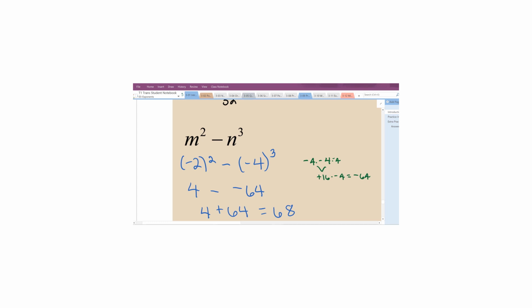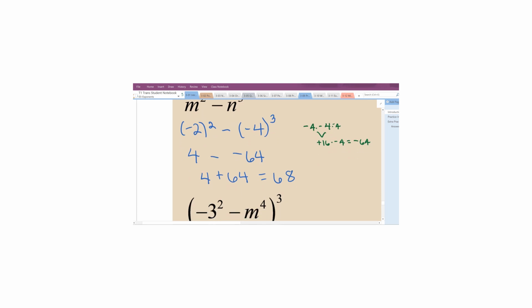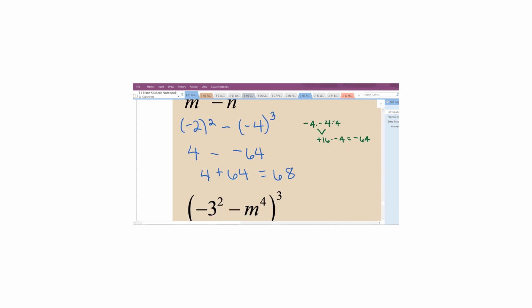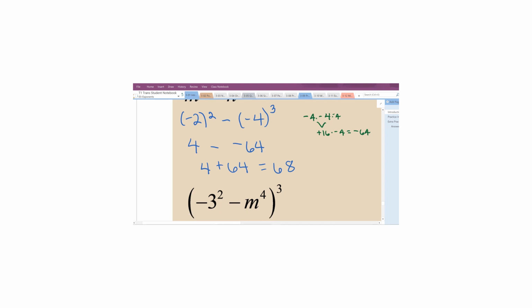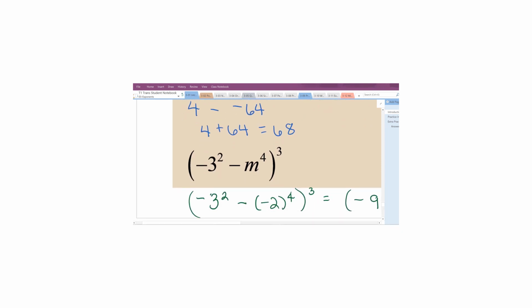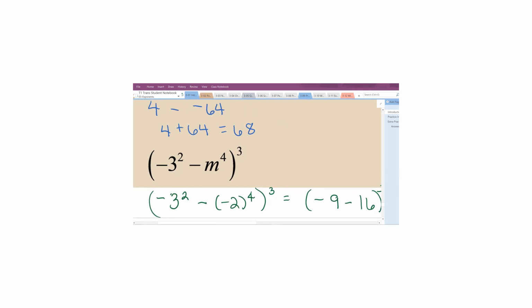Let's look at this last problem on this page. And this one's pretty tricky. So this negative 3 squared, that negative 3 is not in parentheses. So you should end up with negative 9. First, however, you want to do your substitution step.